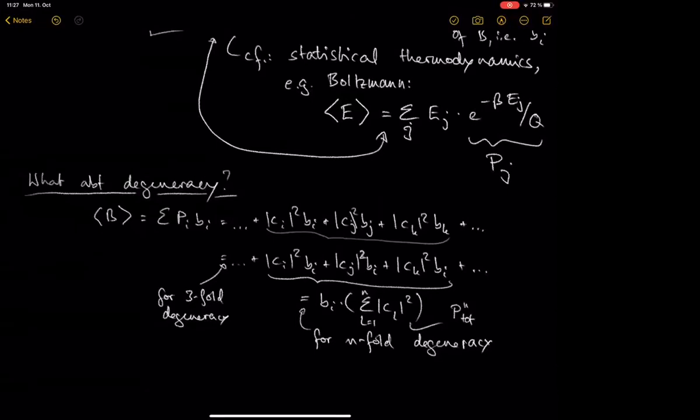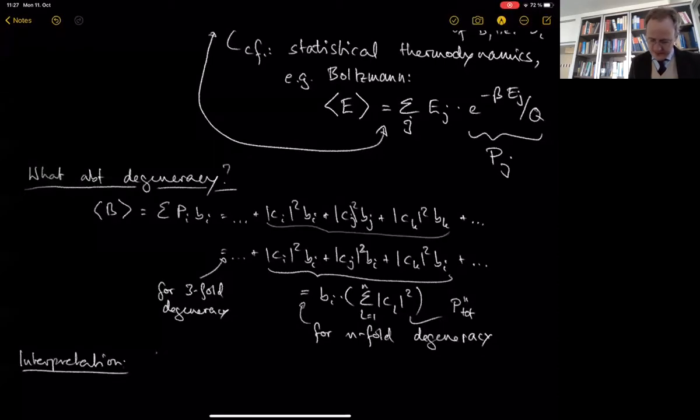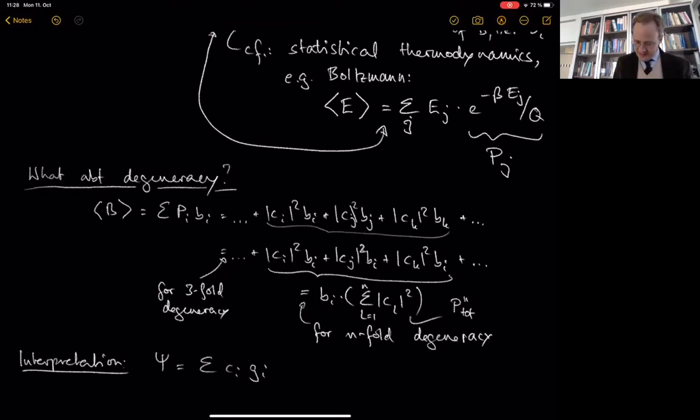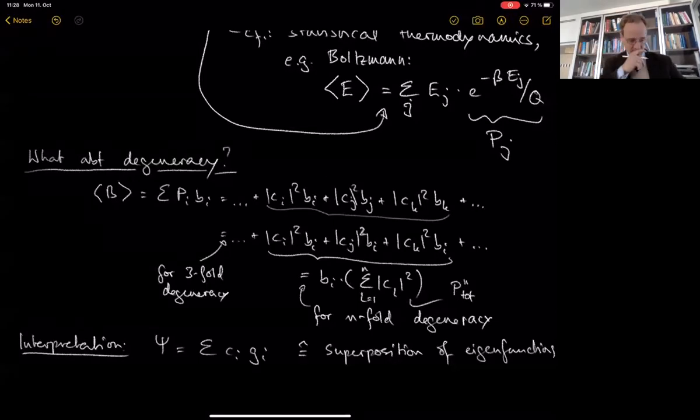Okay, so the interpretation now is that psi is a sum over these coefficients, right? So it corresponds to a superposition of eigenfunctions. And these are like state functions, right? So these are the superposition of state functions which belong to some operator, right?